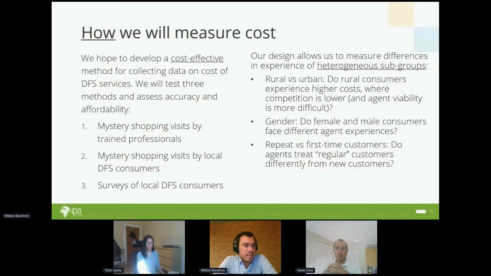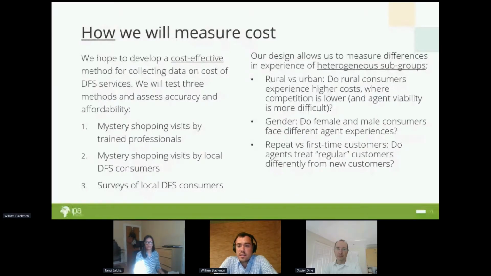So beyond the overall measure of cost of using digital financial services, our study is also interested in exploring differences in experiences, differences in prices and costs incurred by various consumer segments. Specifically, we're focused on three different segments.